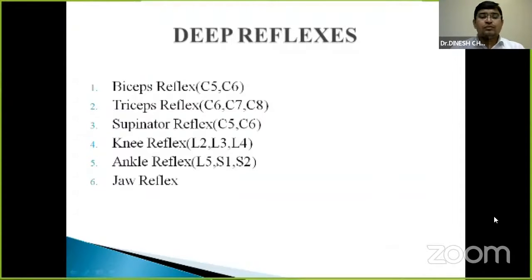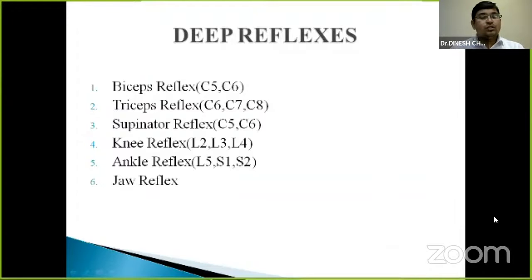And what are the deep reflexes for the lower limb? The knee reflex, also called the knee jerk. The root value is L2, L3, L4. Then the ankle reflex, the root value is L5, S1, S2.